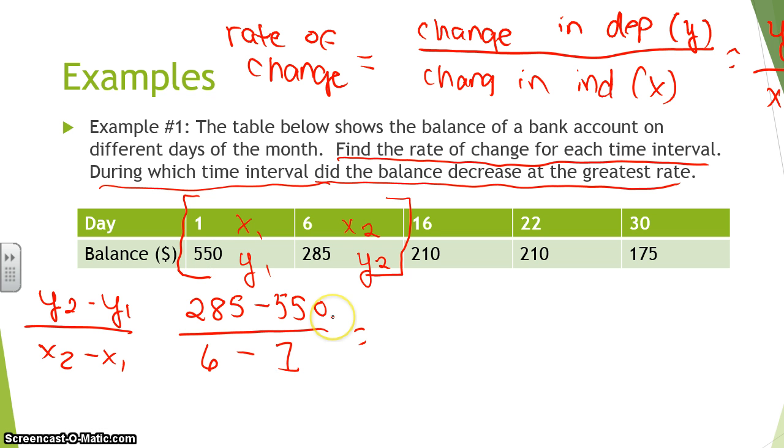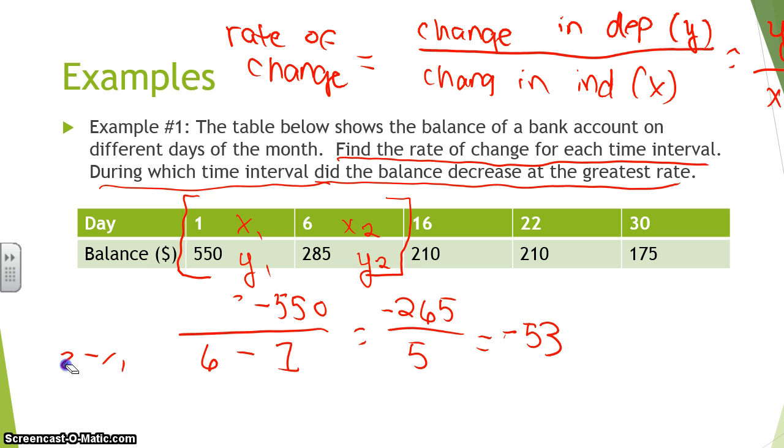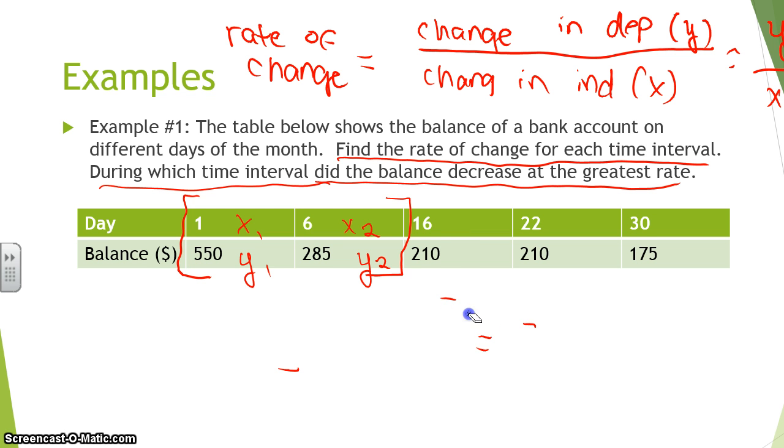So now let's solve. 285 minus 550 is negative 265 over 5. Negative 265 divided by 5 is going to give me negative 53. So the time interval from the first to the second is negative 53.